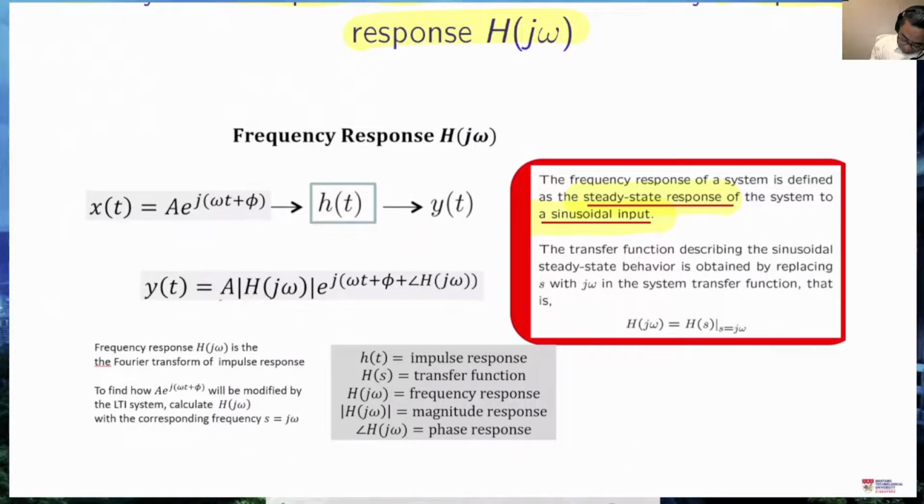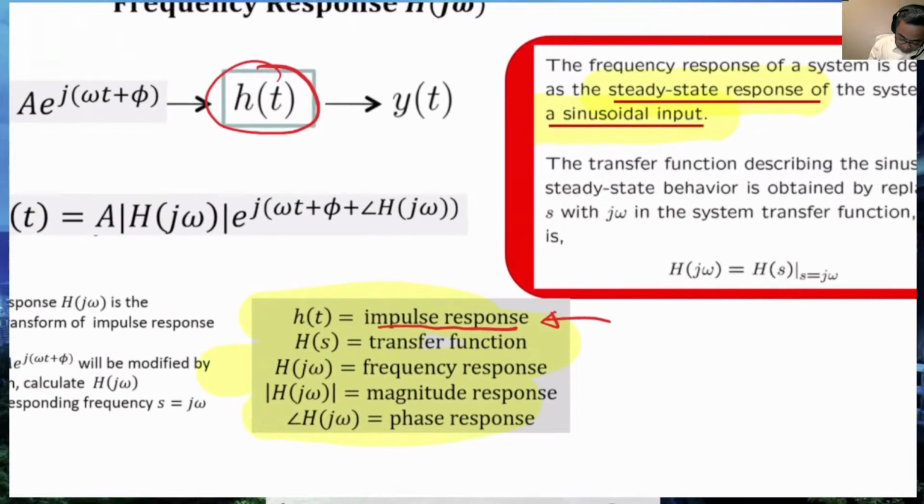Some other terminology. Maybe I collect all the terminology and put it in this table here. So let's try it again. H(t) is called the impulse response of the LTI system. H(s) is called the transfer function. H(j omega) is called the frequency response.